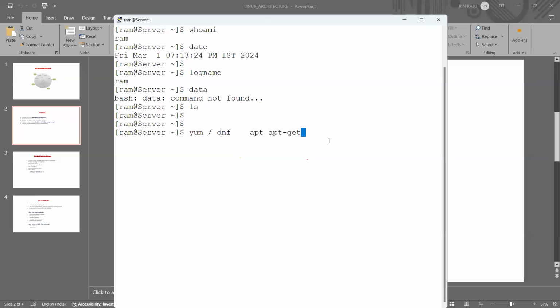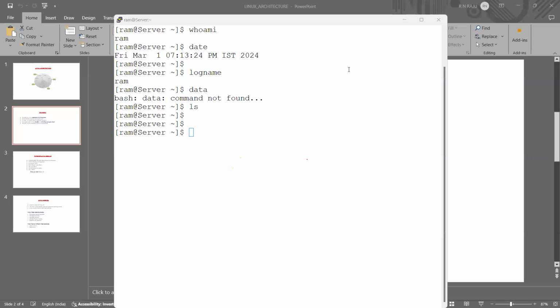So when the distributions are different, then at the admin level, commands also will be different. But at the basic level, almost 99% of commands are the same. So the same commands you will execute on Red Hat or CentOS or Ubuntu or Fedora or anywhere.